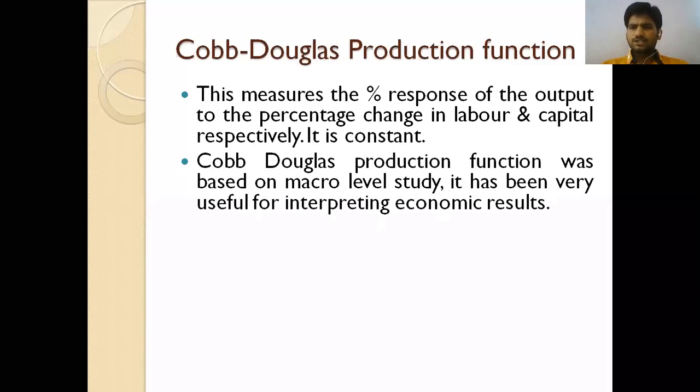It has been very useful for interpreting economic results. Once economics comes into the picture, we can say what the input capital investment is, what the output is, and what the profit of the organization is. So it is a macro level study of the organization.